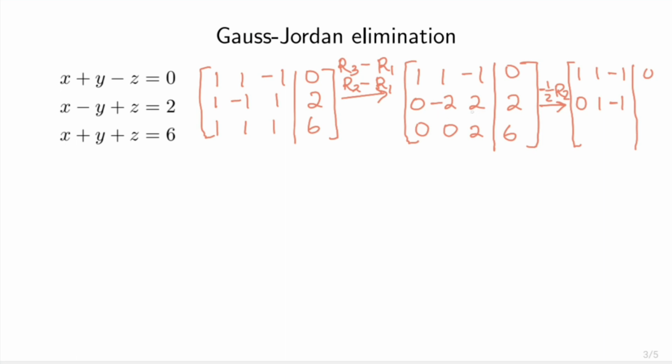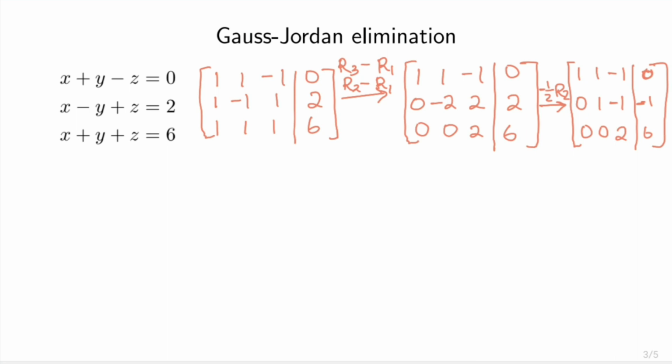You multiply 2 by minus half, you get minus 1. And you multiply 2 again by that, you get that. So we have minus 1 here. Then you have this one, we can leave it as is, 0, 0, 2, 6. So we have that. Then we continue.